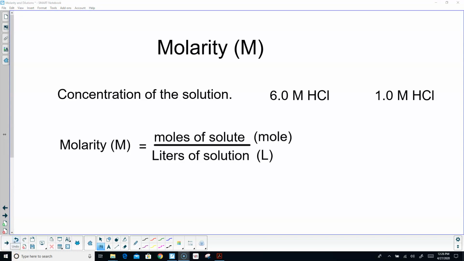It tells you how much of the acid is dissolved in water. This is the formula for molarity: molarity is moles of solute per liter of solution, or molarity is moles per liter. So it tells you how much dissolved substance is in which quantity of the solution, and the solvent is going to make up the largest volume of that.